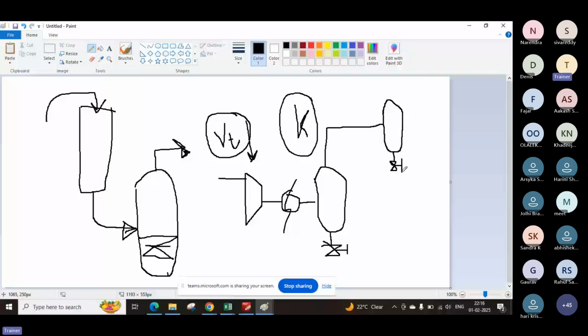If a company like ADNOC is there, then they provide this kind of arrangement. If high liquid is there, open this valve. Low liquid is reached, close this valve. Or Indian companies provide a manual valve and they put an SOP: once in a shift, you have to open and drain any of the condensed liquid. This is nothing but the moisture.